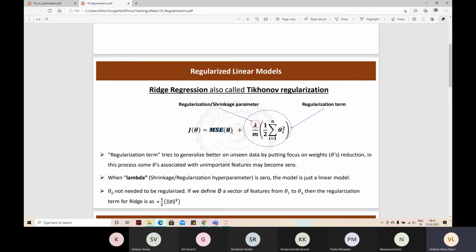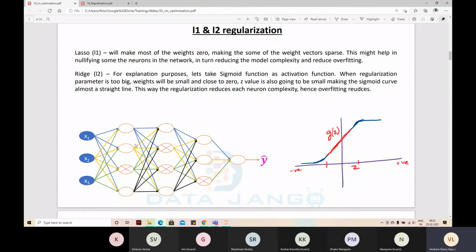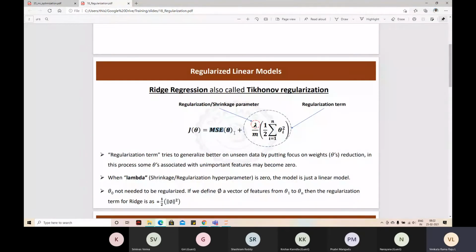The probabilities, and you take y cap and put them there, right? You are actually taking all the thetas which are involved in calculating y cap. Same thing you do here, right? You calculate the cost function, cross entropy.